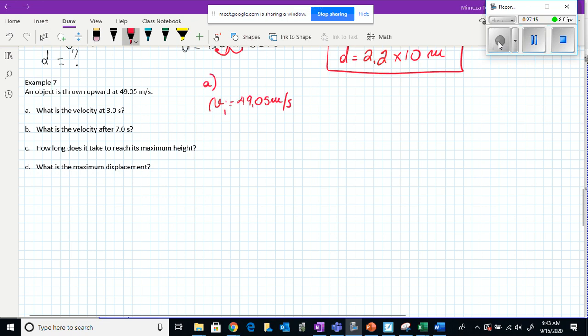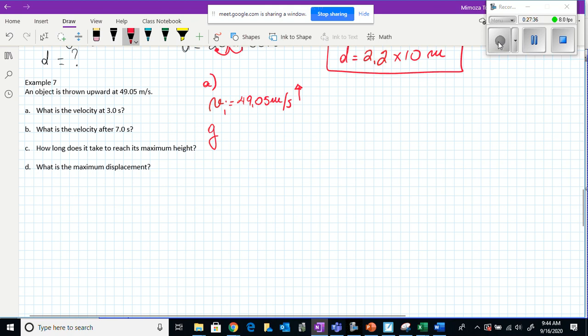Okay, so for A, what is given and what we will use is initial velocity is 49.05, and it is going up. Okay, so it is going up.